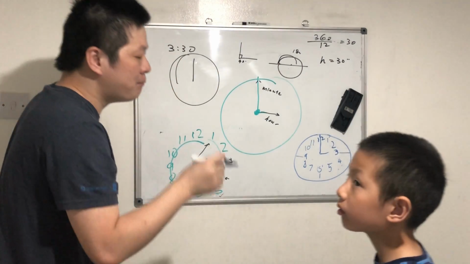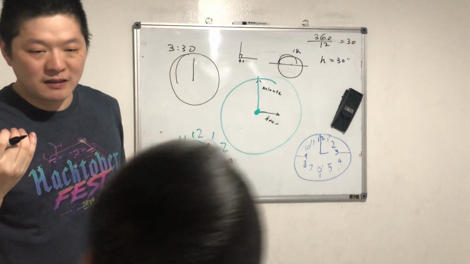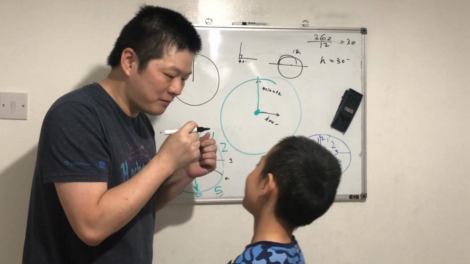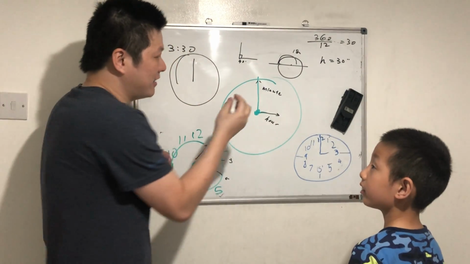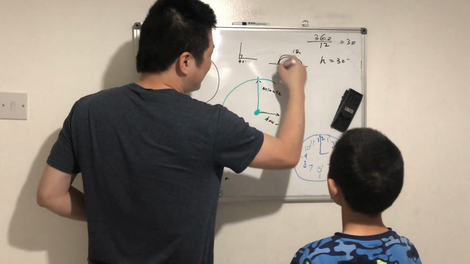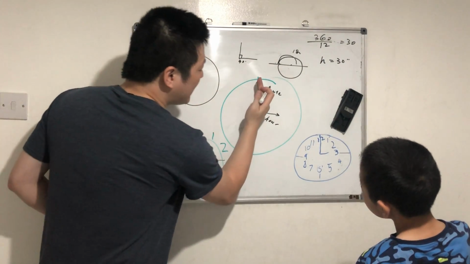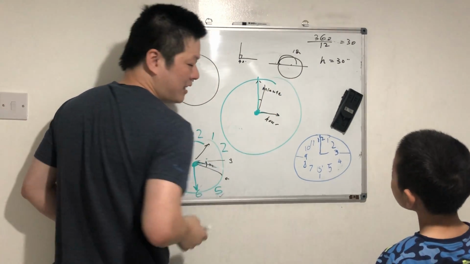And how many minutes do we have in 1 hour? 60. So how many degrees does 1 minute have? This is 360, and you say 60 minutes. If the minute moves 1 minute, which angle is this small angle?